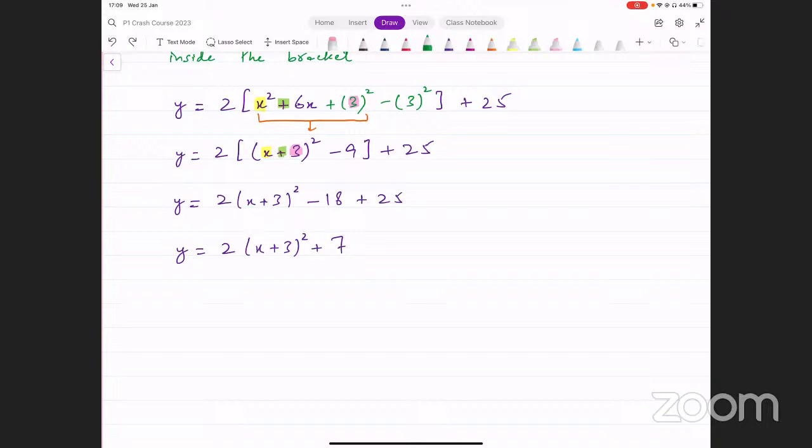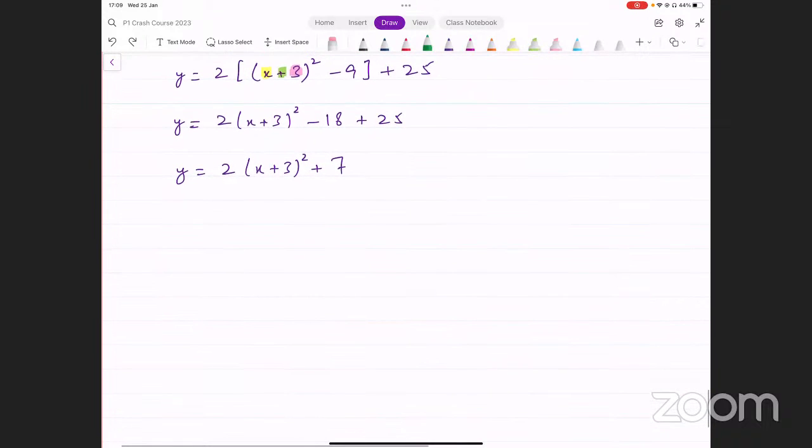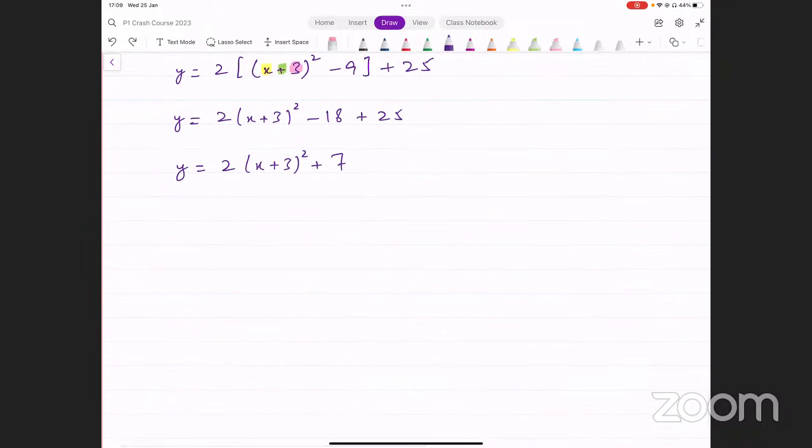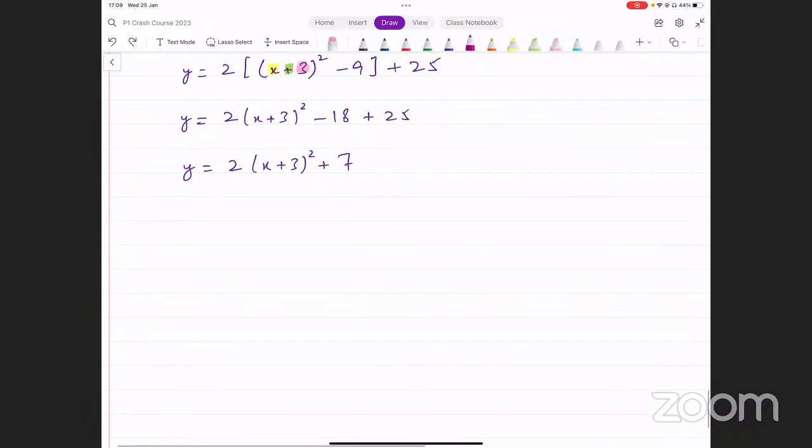All right, now how do we find the turning point from this working? This is the standard form for the turning point of a quadratic. This is the standard completed square form. It looks like this: y equals a into (x minus h) whole squared plus k.